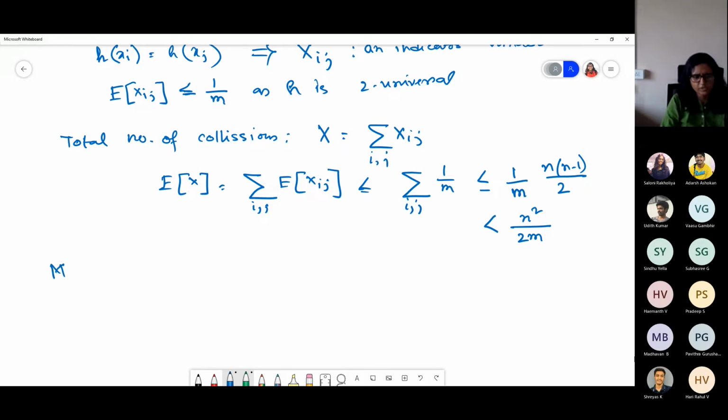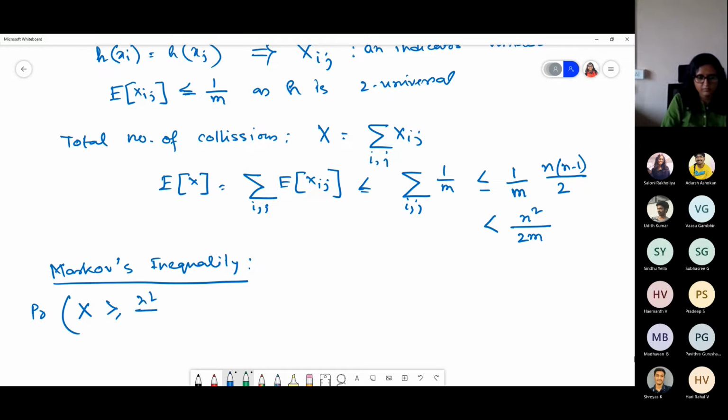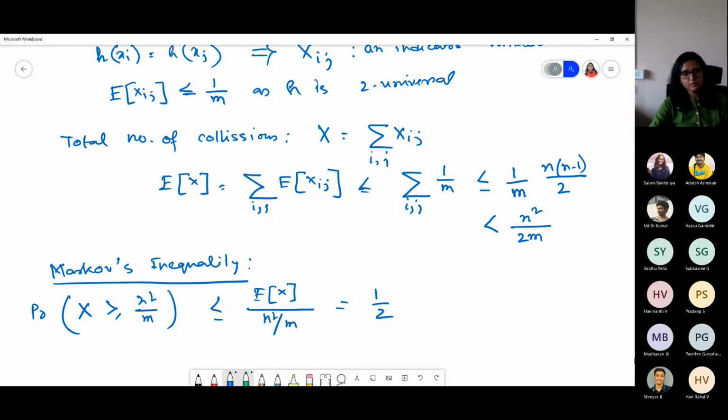Now let us apply Markov's inequality. By applying Markov's inequality, what can you get? The probability of x greater than or equal to, say, n square by m, will be less than or equal to E of x divided by this n square by m, that is half, right?